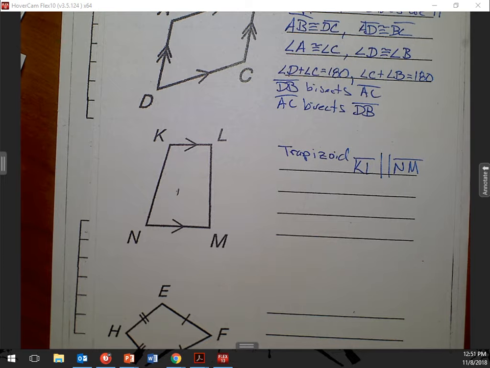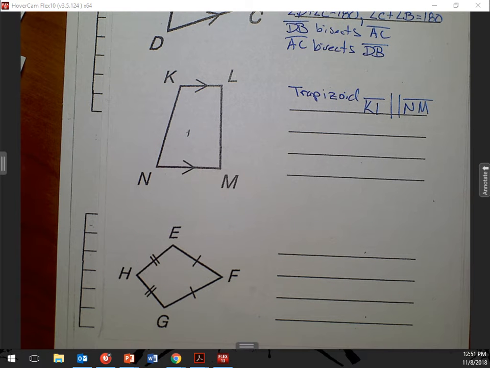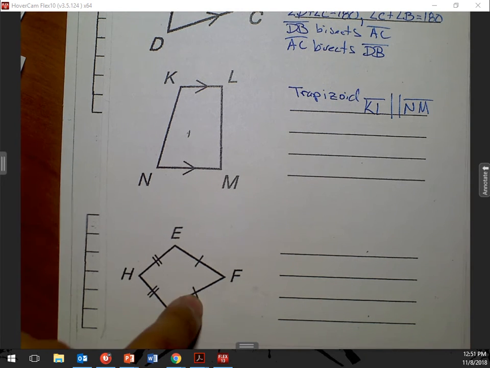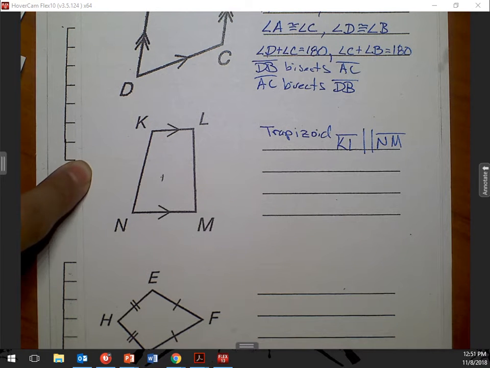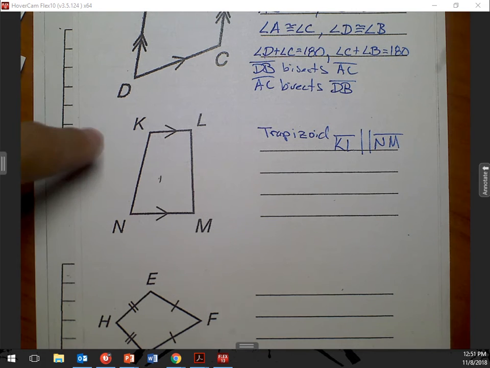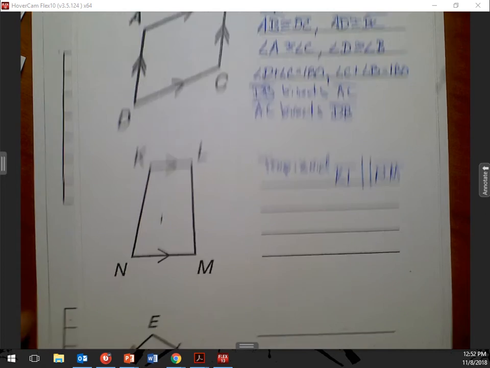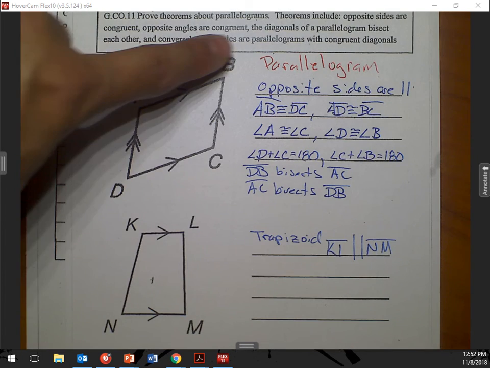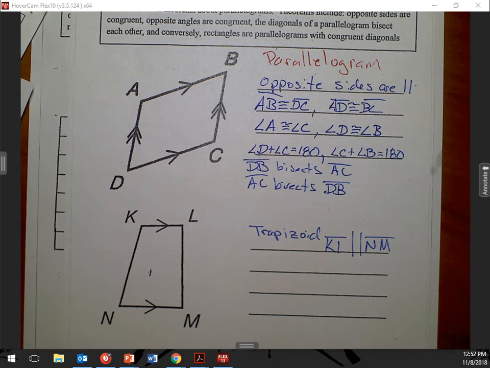Unless it states, and I have tick marks, if you look at this next one down here, the sides that are congruent have tick marks. Is there tick marks for this one? No. So, listen carefully. If there is no tick marks, it's not congruent, and it's not isosceles. On this one, the definition of parallelogram gave me all this. I didn't have to have tick marks. I just have to know it's a parallelogram first.